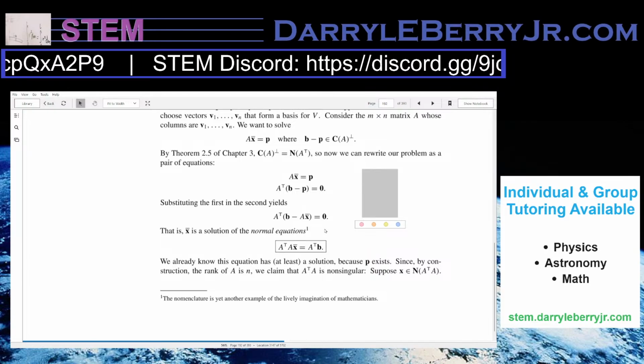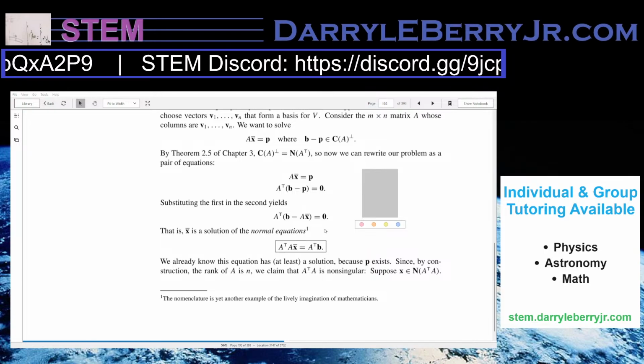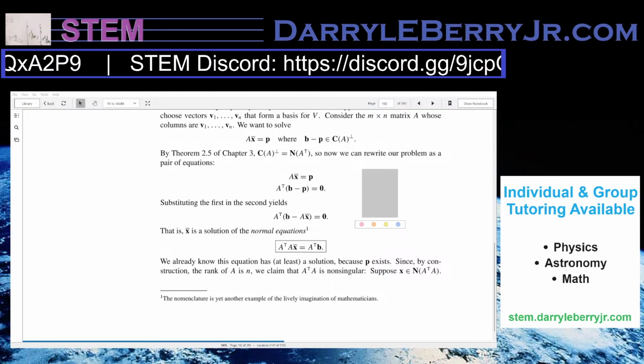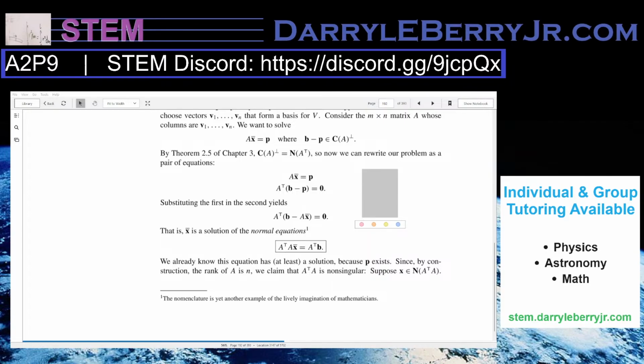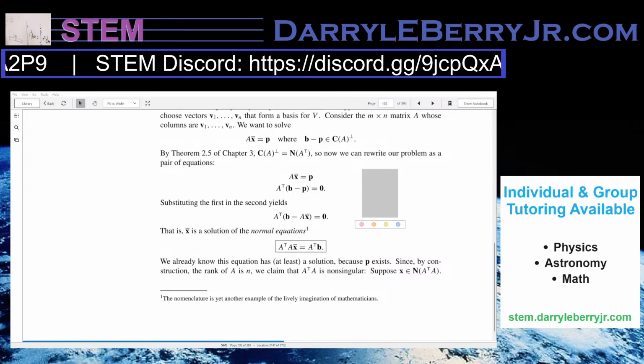Since by construction the rank of A is n, we claim that A^T A is non-singular.